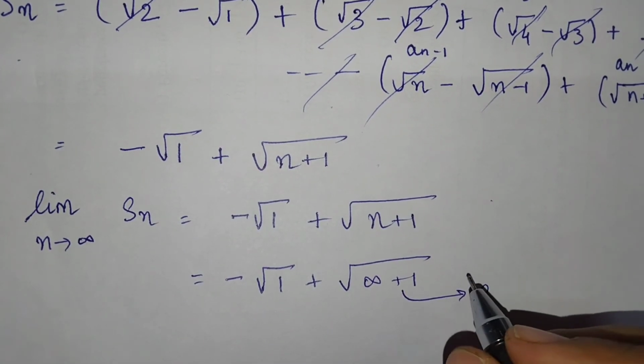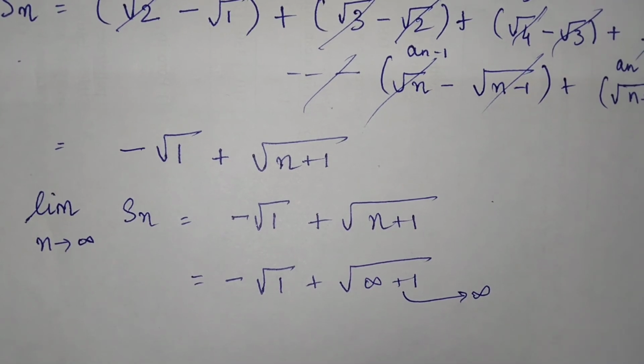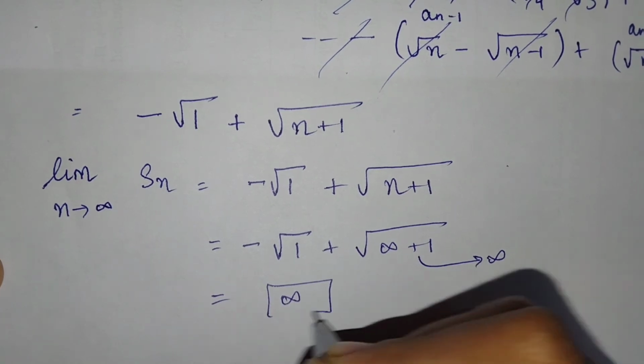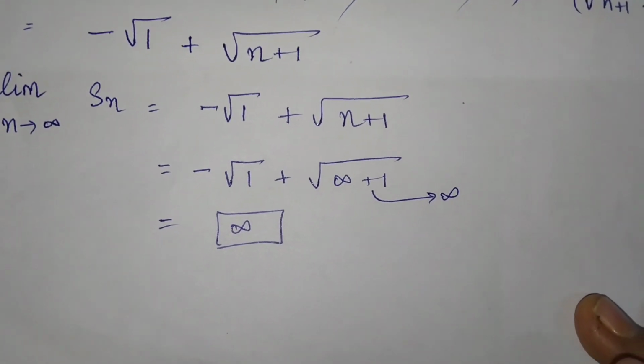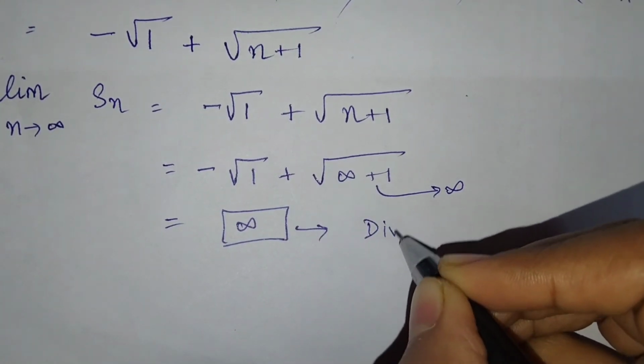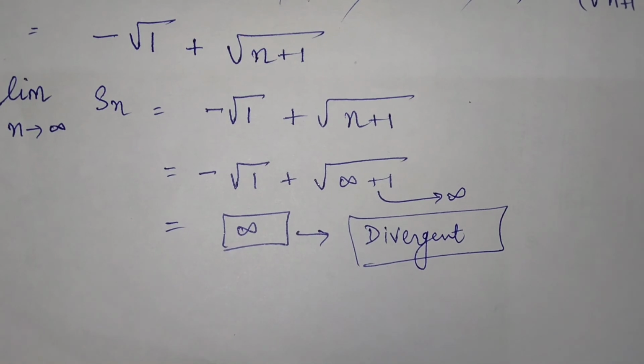And adding anything or subtracting anything from infinite is always infinite. So again I got infinite here, and as we got infinite, we can say that the given series is divergent. Okay?